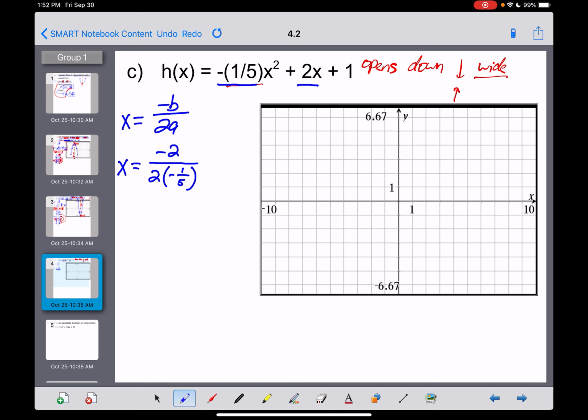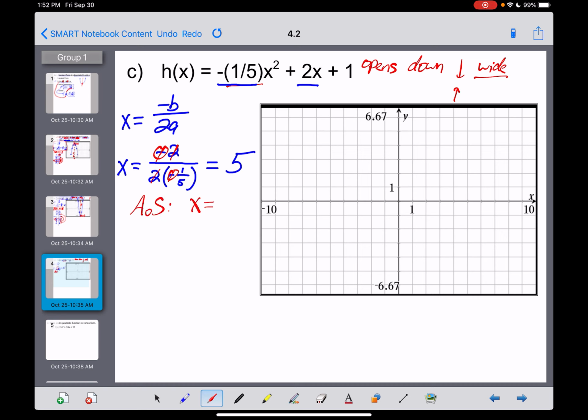And again, unfortunately, I can't show you that on this video because I don't have a TI-84, but I'm going to ask you guys to trust me that what happens here, the 2's cancel out, the negatives cancel out, and you end up with a 1/5 on the bottom of a fraction, which actually becomes a 5. So that spot right there is where our axis of symmetry is located.